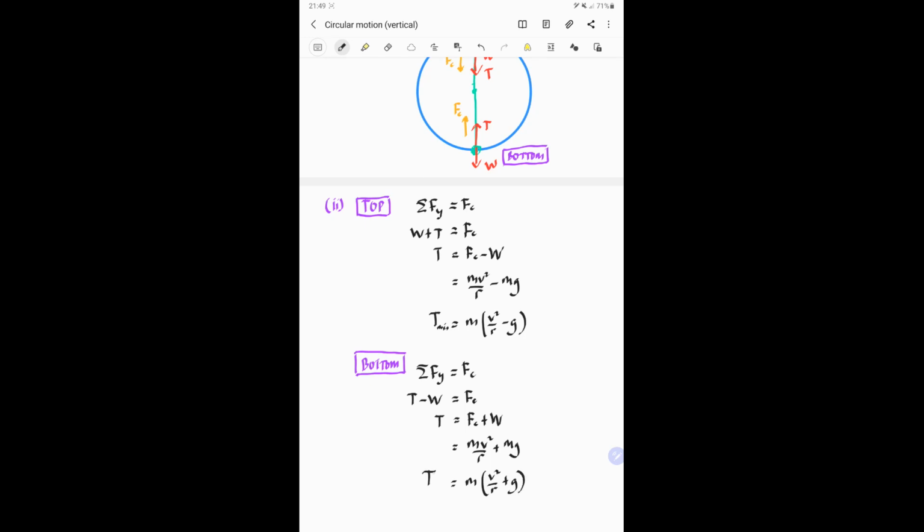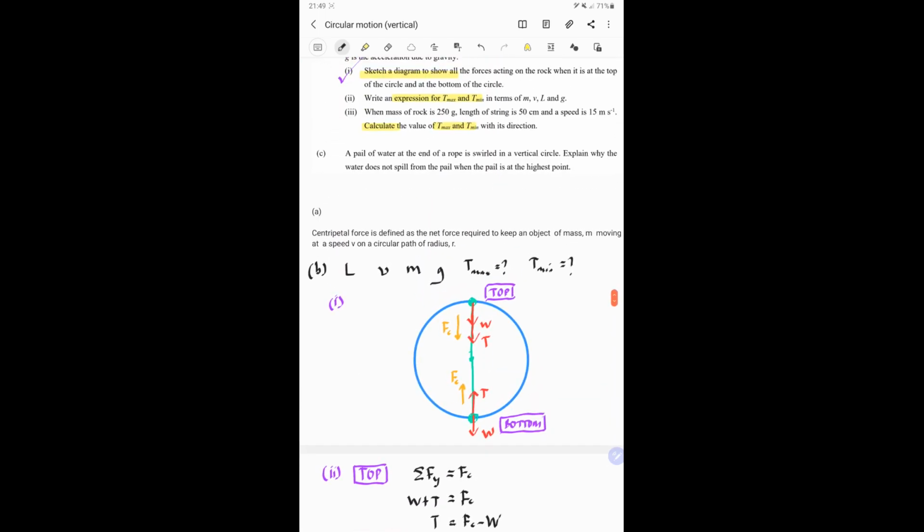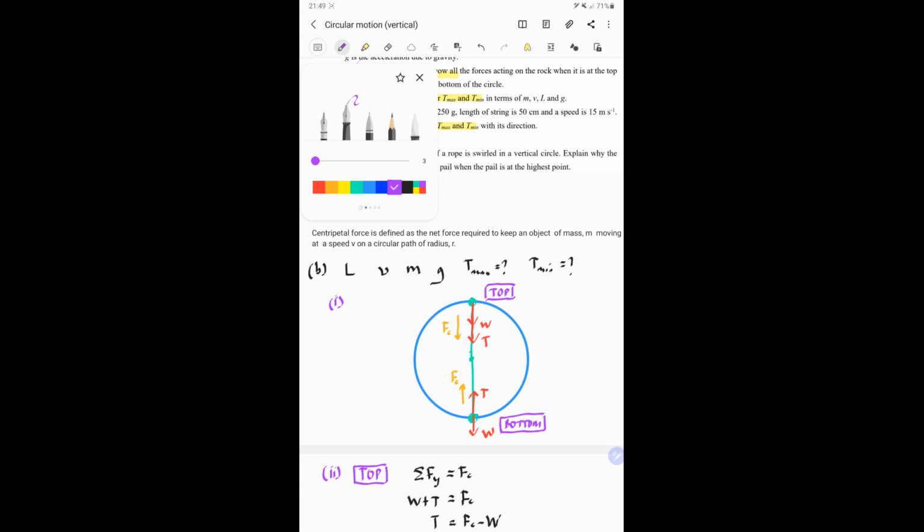By having plus here, the T is greater, which is maximum. So at the bottom, T is maximum. Alright, we have completed the second question, B2.